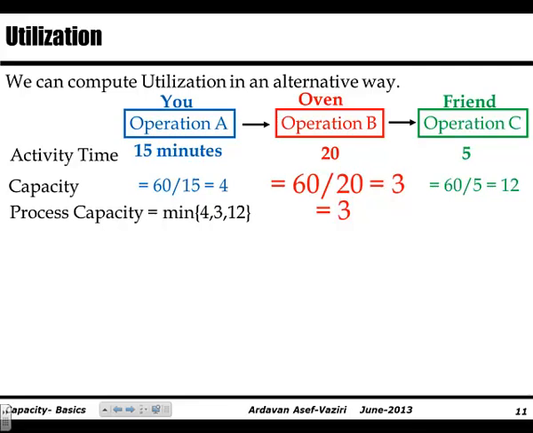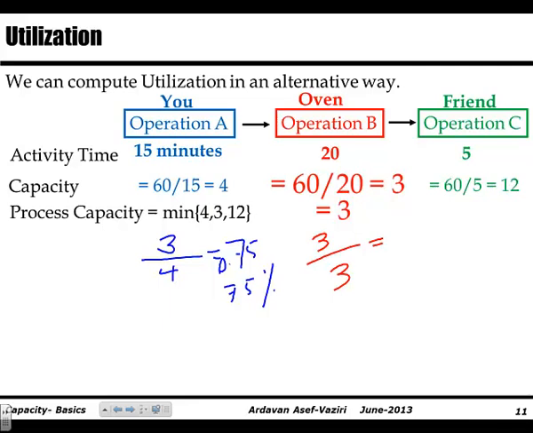Process capacity is 3. Capacity of the first operation is 4. Therefore, utilization is 0.75 or 75%. Capacity of the second operation is 3 and it produces 3 per hour.